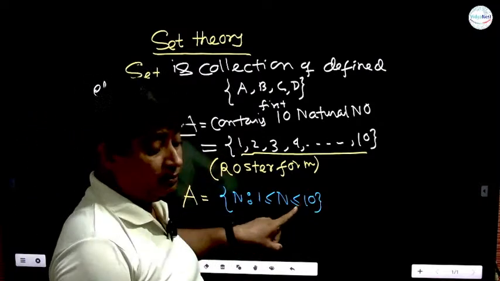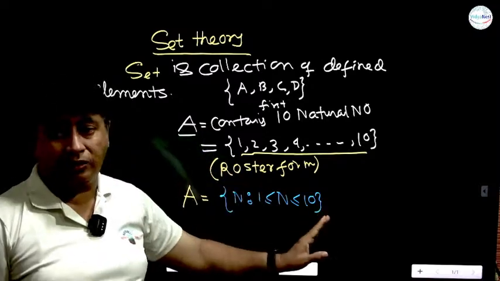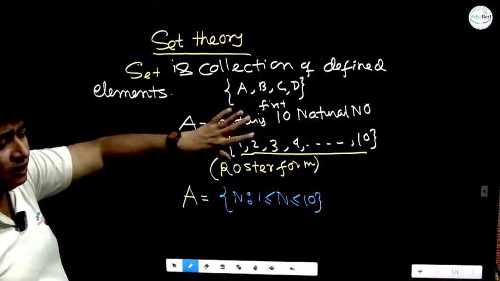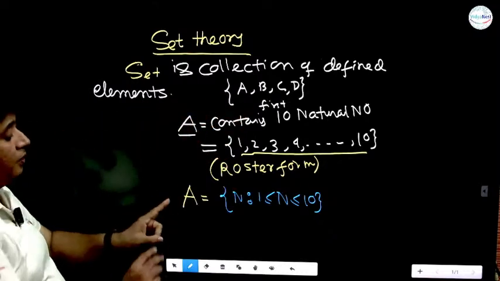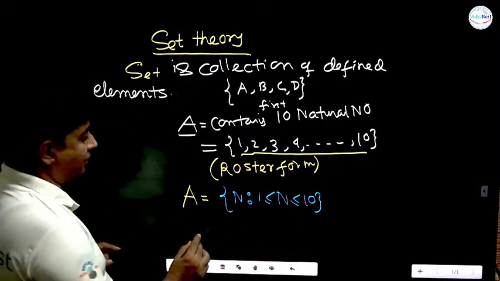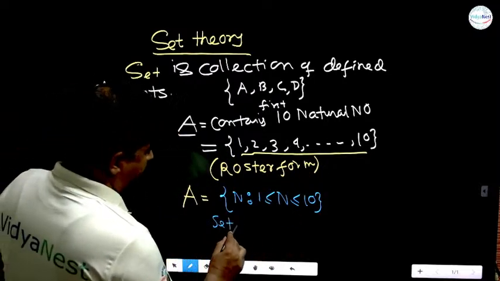Natural numbers start from 1 and end at 10. So instead of writing all these 10 elements, we are writing symbolically. That is called set builder form.